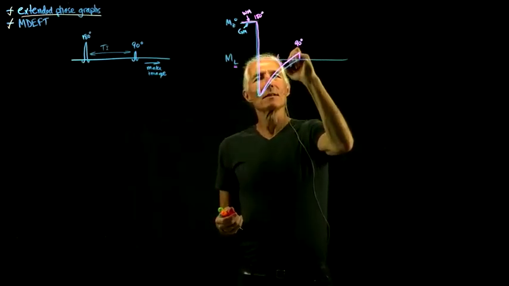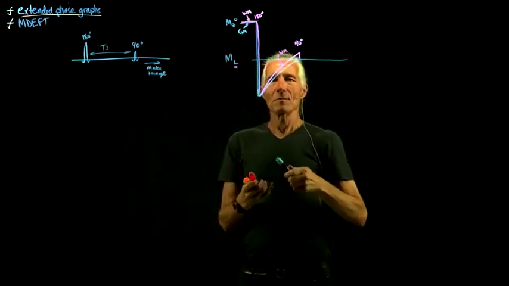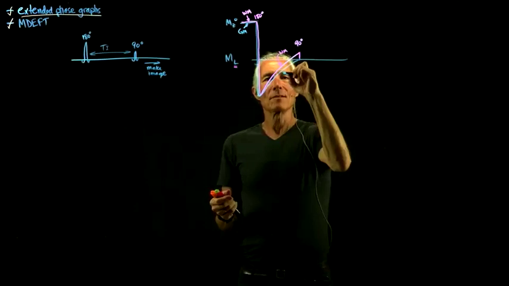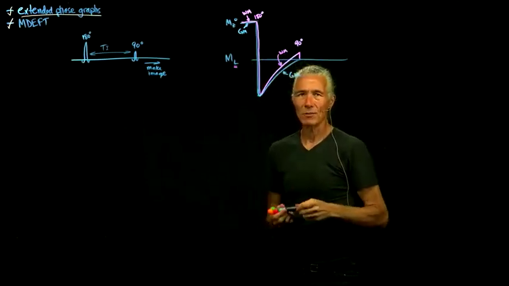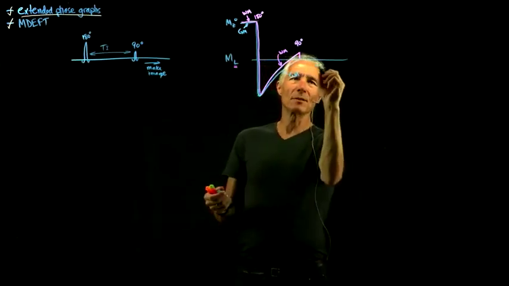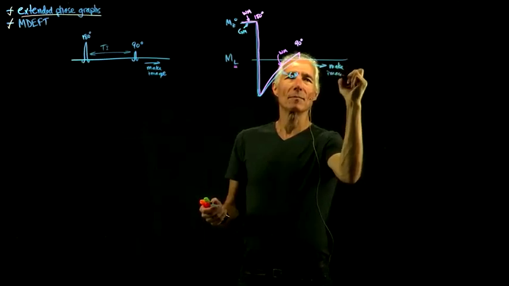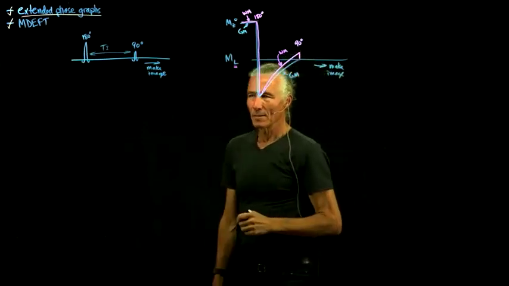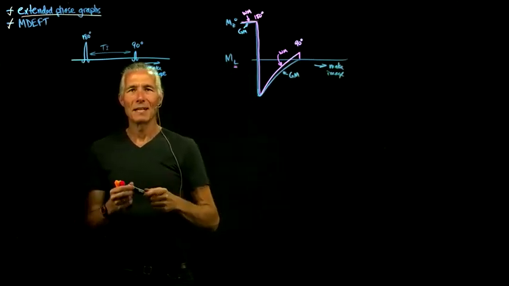So this is a classic way of making a lot of contrast between two tissue types. And then you have to make the image. I didn't describe how to do that, but you have to do a bunch more pulses to make the image. So what's the MDEFT idea?